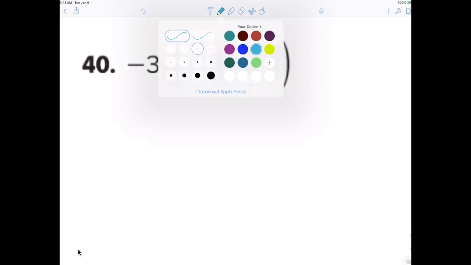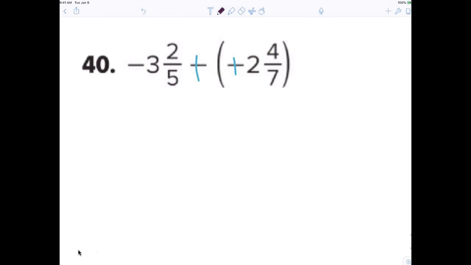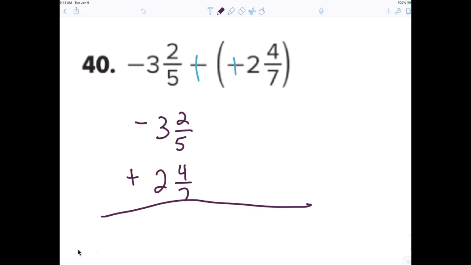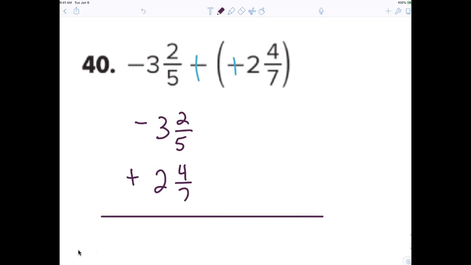Okay, so it would be negative 3, plus 2 and 4 over 7. And the denominator will be 35. And so it will be negative 3 and 7. No, it will be negative 3 and 14.